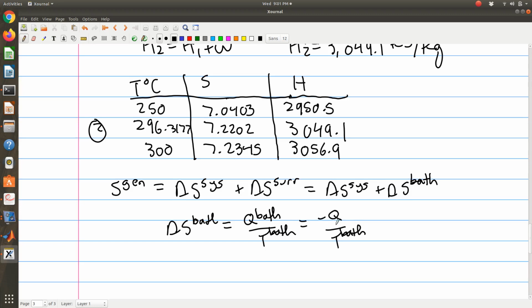Since our system is insulated so that this process is happening adiabatically, Q is equal to 0.